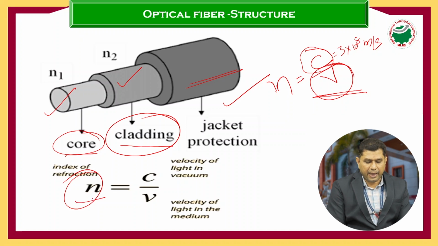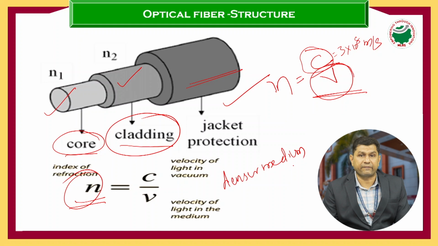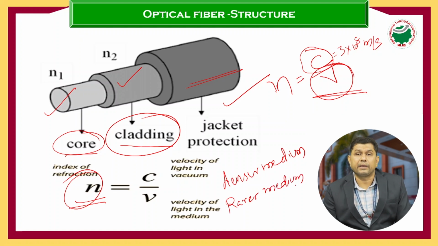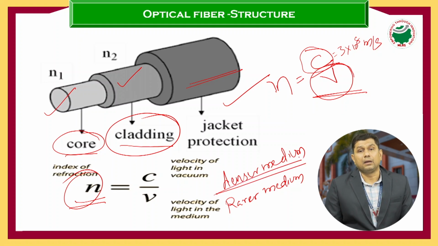The medium having high refractive index is called a denser medium. What is the meaning of denser medium? A medium having high refractive index. And the medium having low refractive index is called a rarer medium. In a denser medium, light will travel a little slower than its speed in vacuum.